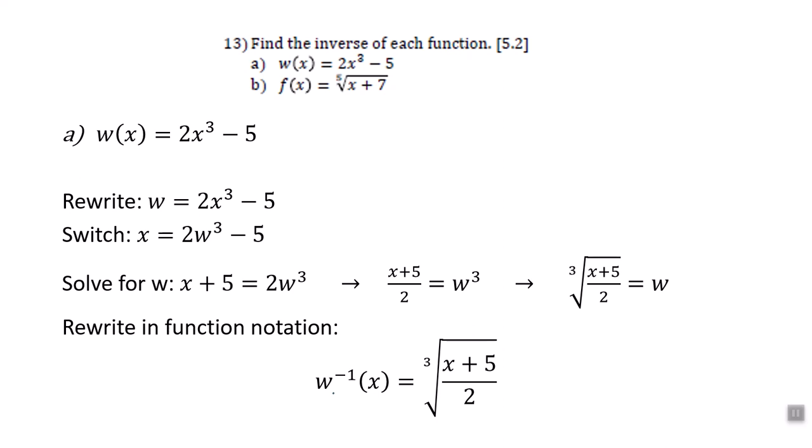So w inverse, w to the negative 1 of x, is equal to the cube root of x plus 5 over 2. Again, if the w and the x stood for specific things, we wouldn't have switched the variables. But when it's just a function, absolutely, second step, switch x and w and go from there.